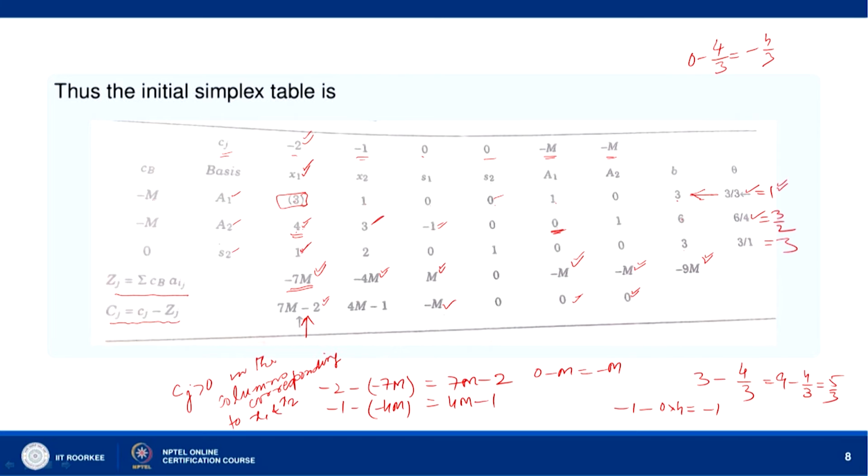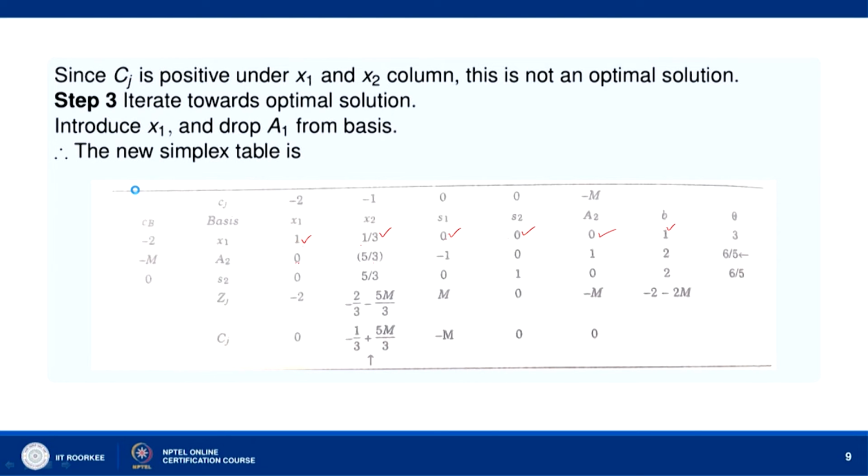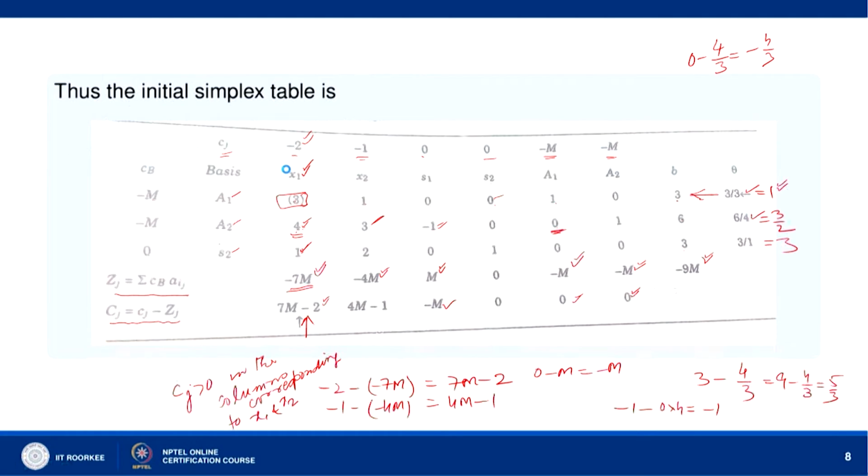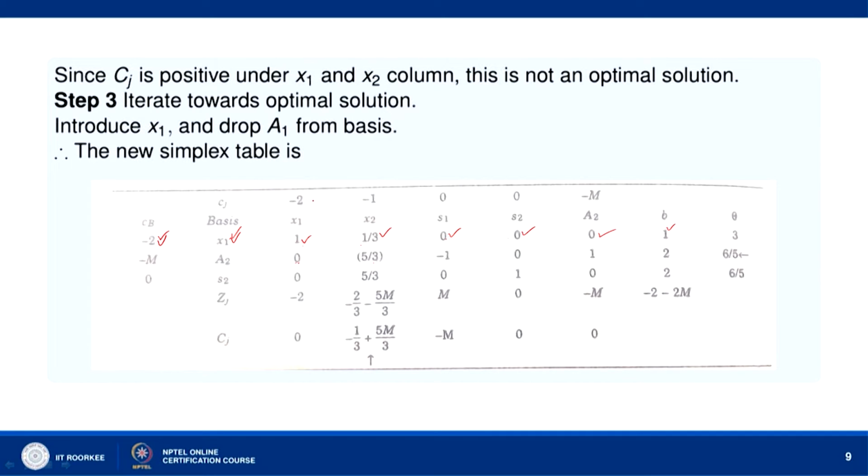In the new simplex table, A1 is replaced by x1 and the coefficient of x1, that is minus 2, will come in place of minus M. So, here we get minus 2, and A1 is replaced by x1, and the column corresponding to A1 is deleted. There is no column in the new simplex table corresponding to A1. A1 is the artificial variable, and we want to get rid of A1 as quickly as possible.